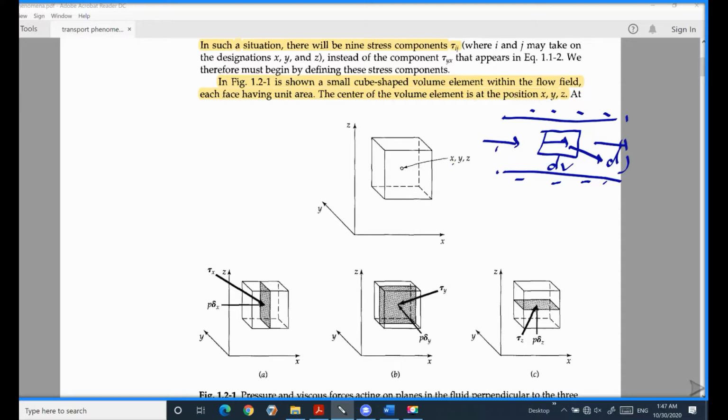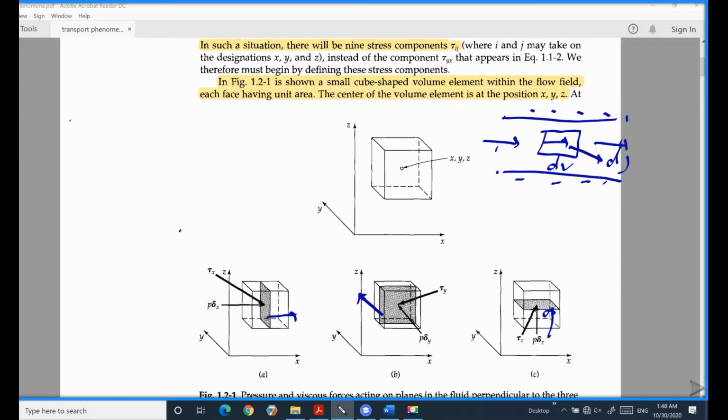The center of this differential volume can be represented by x, y, z, and this differential volume, as you see from here, has three surfaces. The first one is in the x direction, the second one in the y direction, and the third one in the z direction.